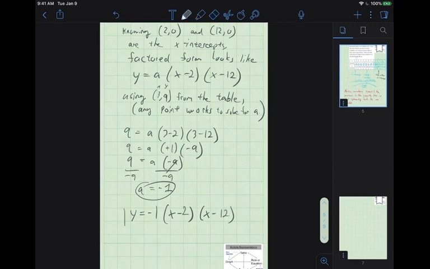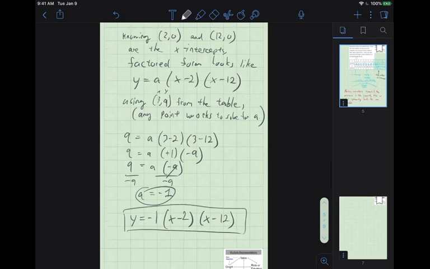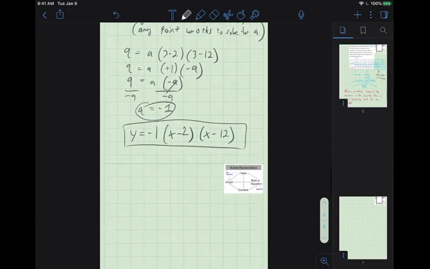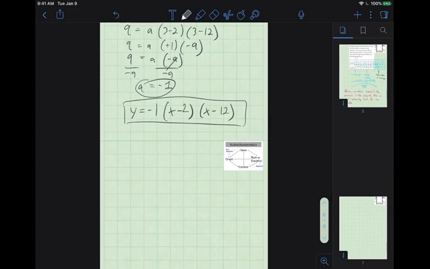Alright. So, one more time, we can turn this into standard form, expand to get standard form, so it makes the y-intercept obvious.